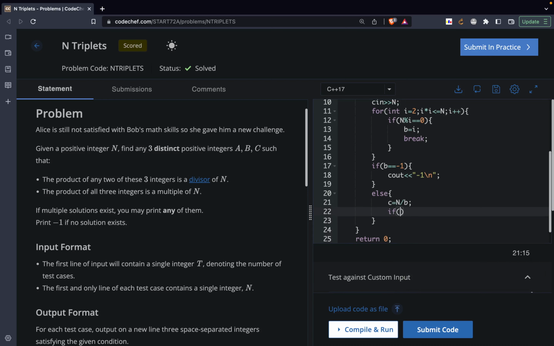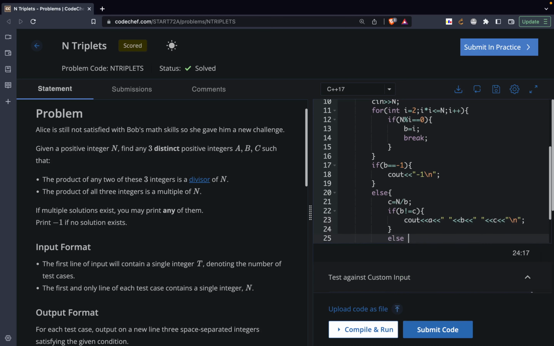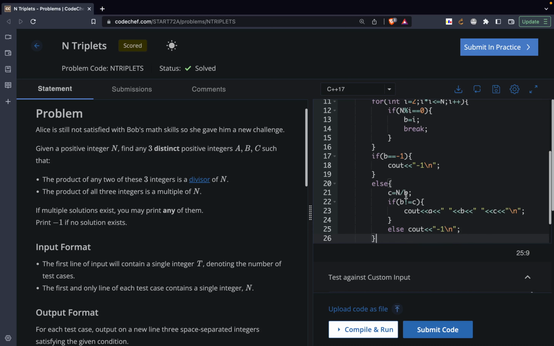We check if b is not equal to c, then we print a followed by b followed by c, else we print -1.